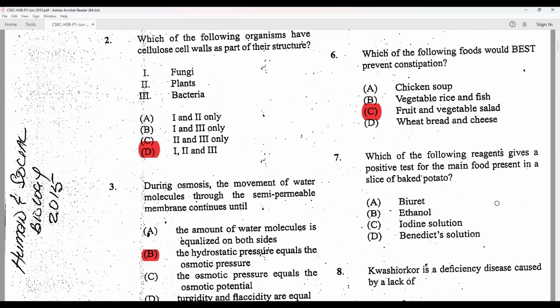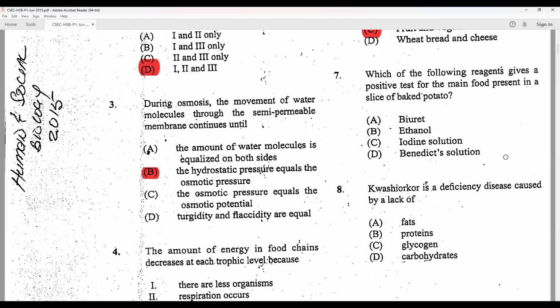Ethanol, which is for fat, is out. So it's either iodine solution or Benedict's. Iodine is for starch. Benedict's is for a reducing sugar, like glucose, which is a carbohydrate. So it's between those choices, and the better answer is starch, which means iodine is the correct answer.